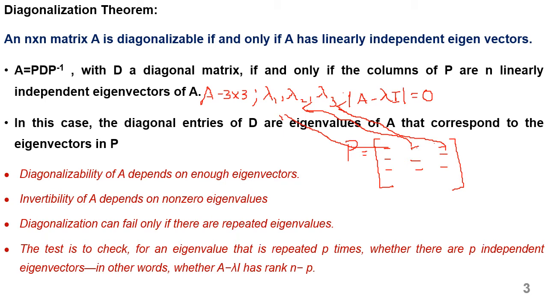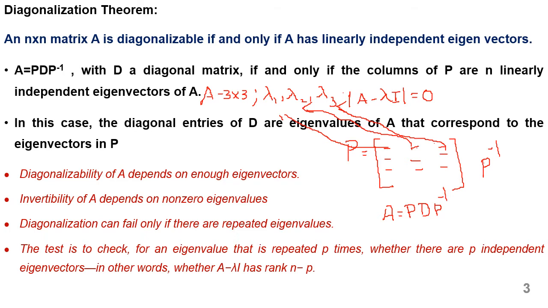And these 3 columns, which are formed by the eigenvectors, have to be linearly independent. In that case only can we diagonalize a given matrix. Once we know P, we can easily find P inverse. Knowing P inverse and P, we can compute A, which is given by P D P inverse.